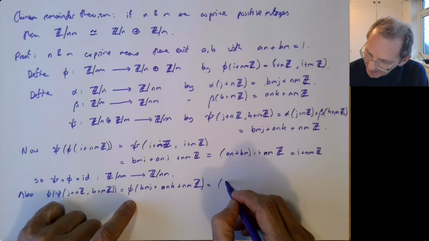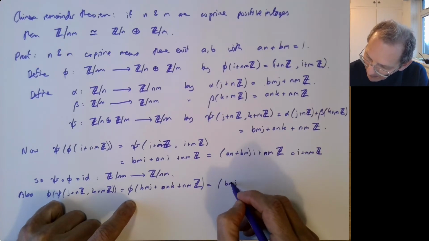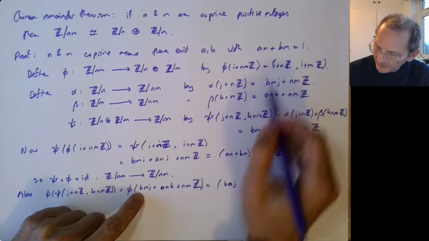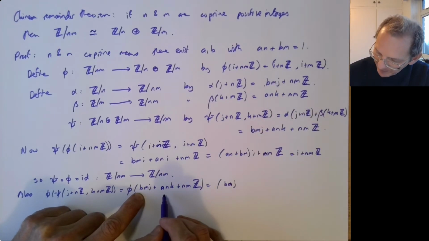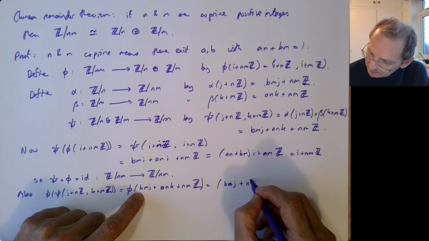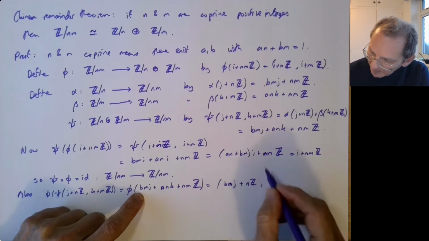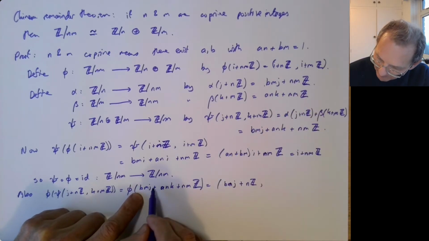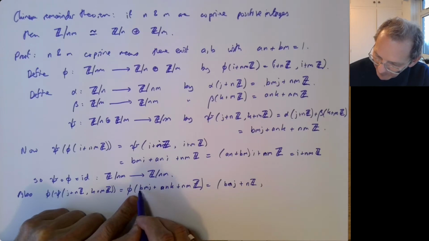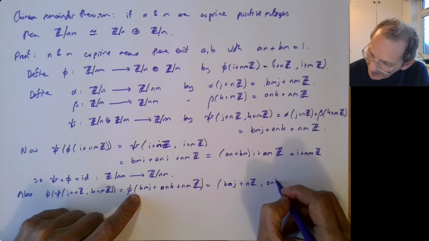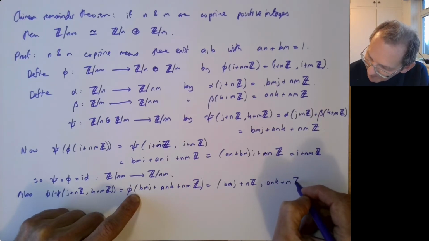So here you get bmj, and so we could say bmj plus ank plus nz, but the ank of course doesn't make a difference. The ank is already in nz, so we can leave that out. And in the second component, you've got this thing plus mz, but this term is already in mz, so that doesn't make a difference. So we can just remember the ank plus mz.